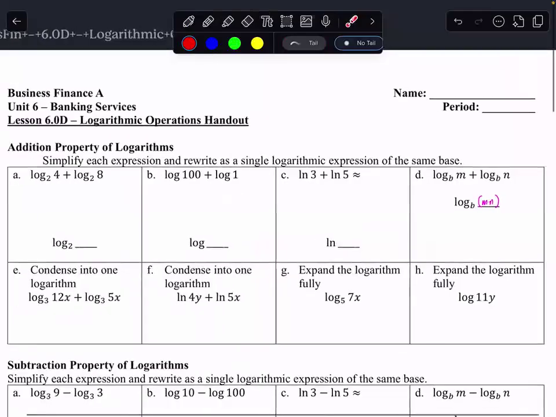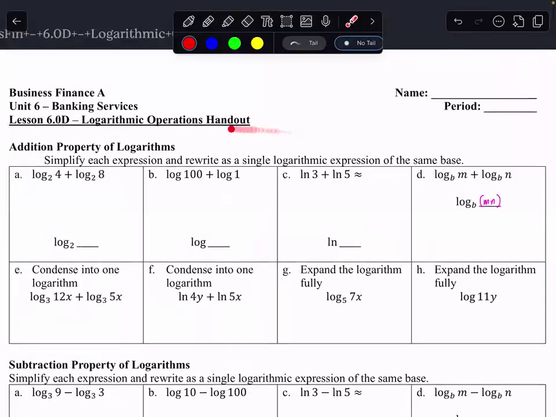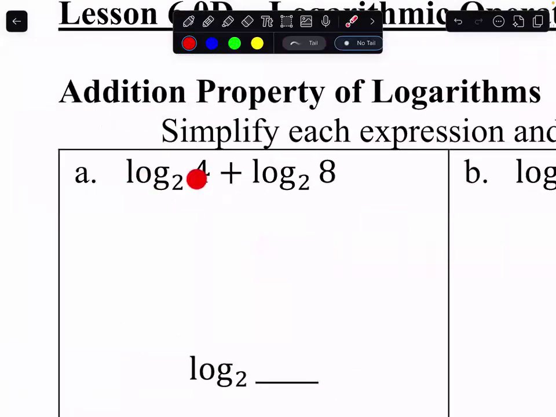Okay, so jumping back over to part A now. So log base 2 of 4 plus log base 2 of 8. So again, you see we keep the log base 2 part, and we're just going to multiply this argument times the other argument.